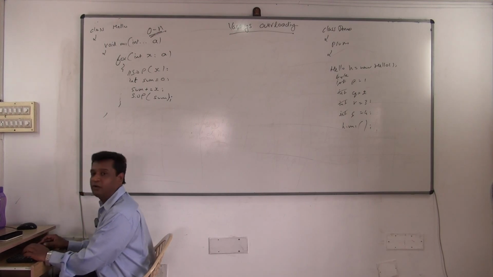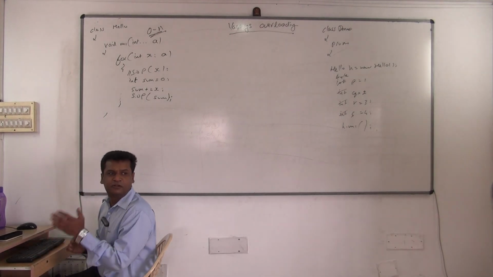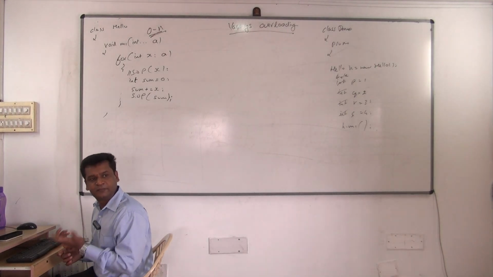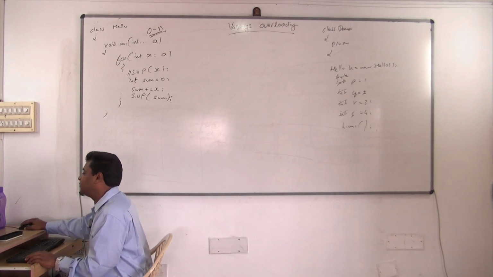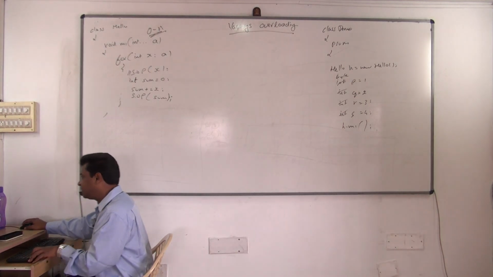Or you can use the traditional for loop if you are confused. Traditionally, you know, for int i is equal to 0 up to a dot length, that you can use. So I'll just print the value of x first, then we'll try to do the addition.